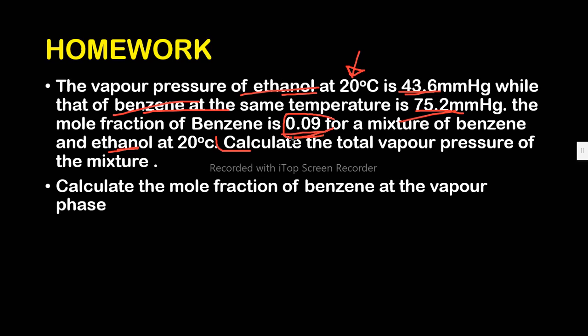And so if benzene is 0.09, then what will be the mole fraction of ethanol? Just get 1 minus 0.09.